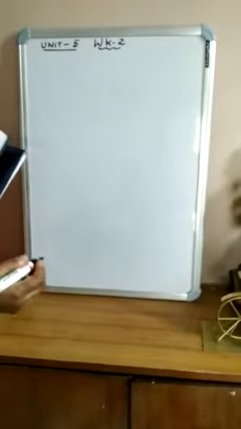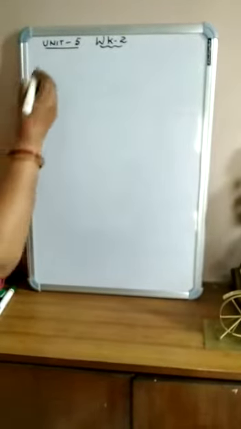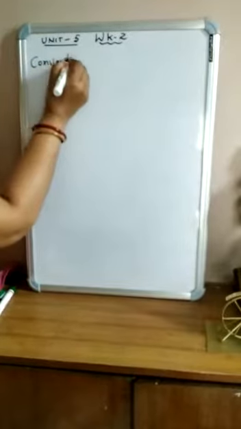So, children, I am going to start today's session of unit number 5. The name of the chapter is Length, and then worksheet number 2. In this chapter, we will study how to convert a smaller unit into a bigger unit.